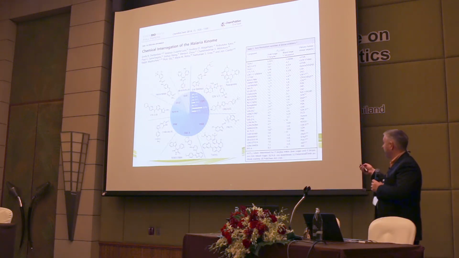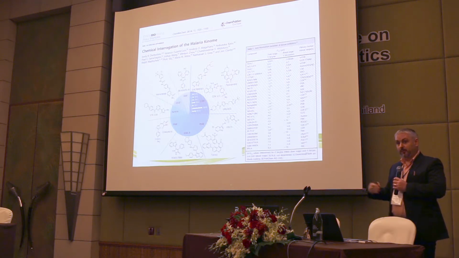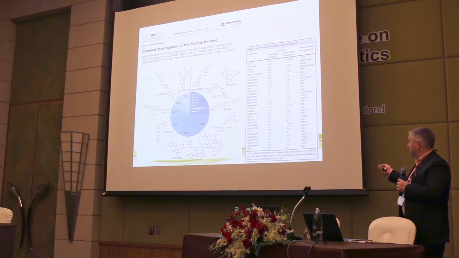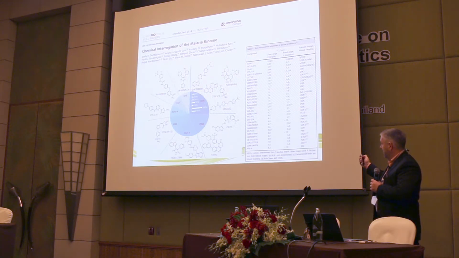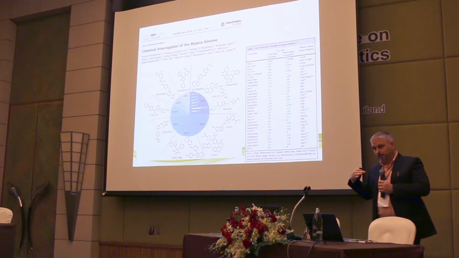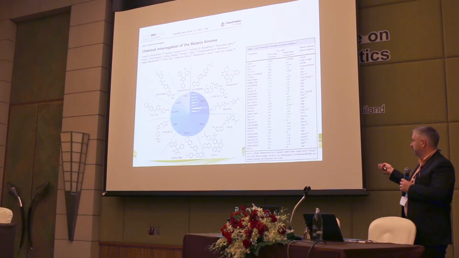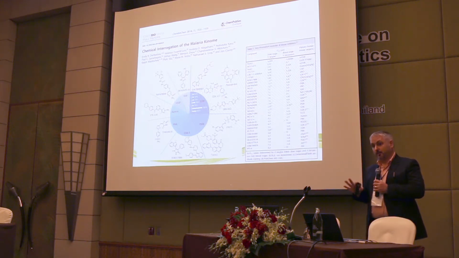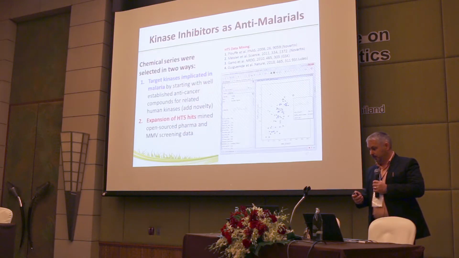So it's not clear whether kinase inhibitors function via the human kinome or the malaria kinome, but there are known similar malaria kinases to CDK and to Aurora, JAK, for example, which suggested maybe working via either.